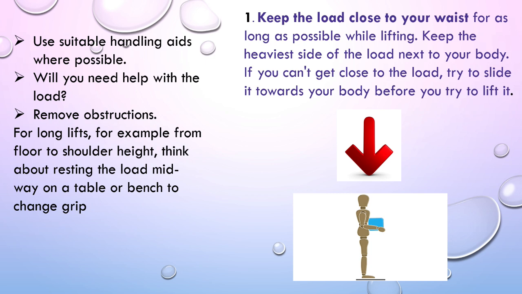For a long lift, for example from floor to shoulder height, think about resting the load midway on a table or bench to change grip. Keep the load close to your waist for as long as possible while lifting. Now keep the heavier side of the load next to your body. If you can't get close to the load, try to slide it toward your body before you try to lift it.